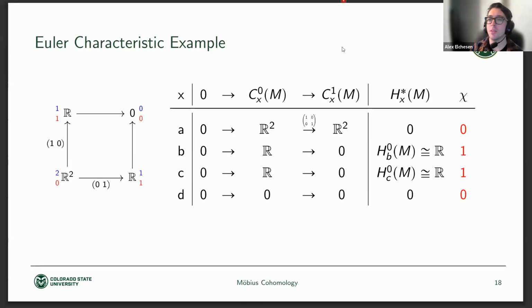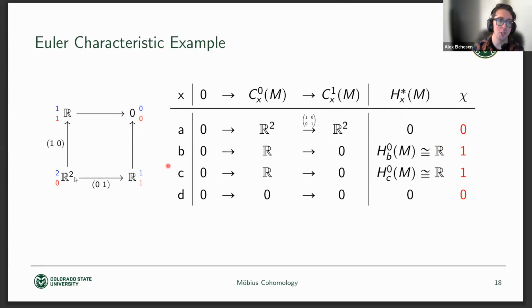Okay, so let's look at this example again. So we already computed the Möbius cohomology. Okay, we got 0 and then R, 0. And so what this theorem is saying is that if I compute the Euler characteristic of these Möbius cohomologies, I should get the red numbers.